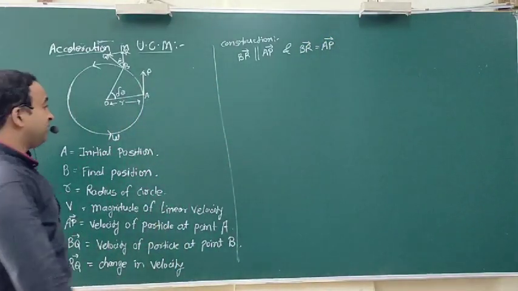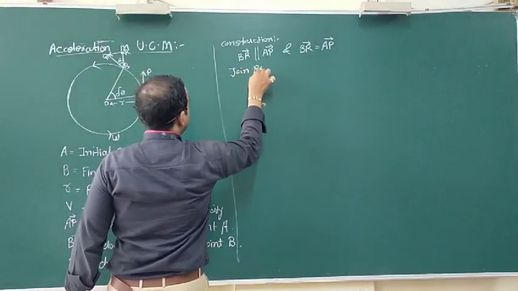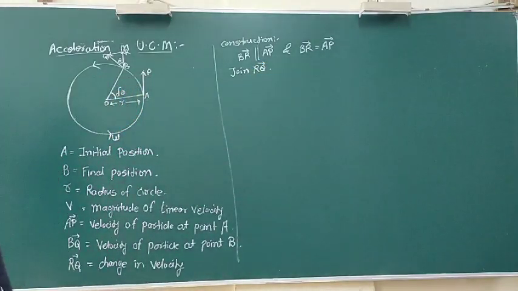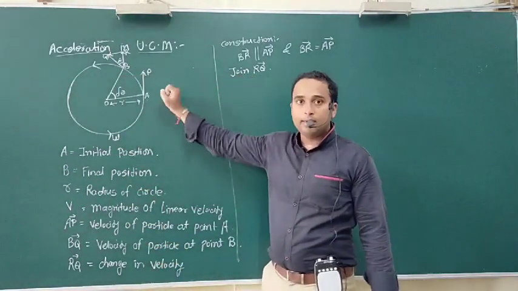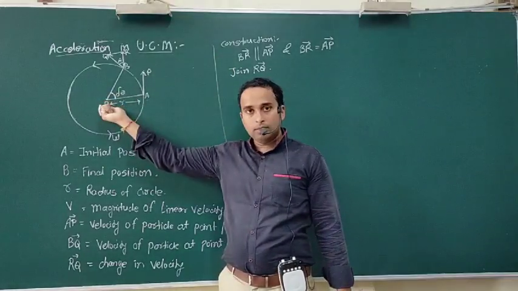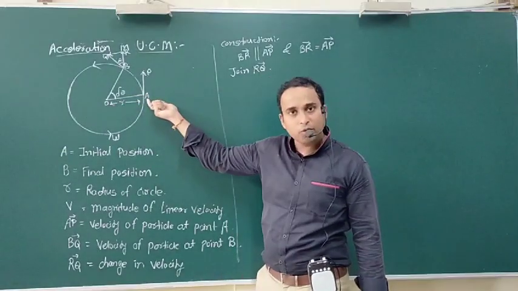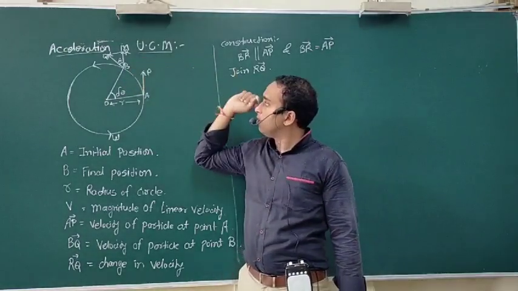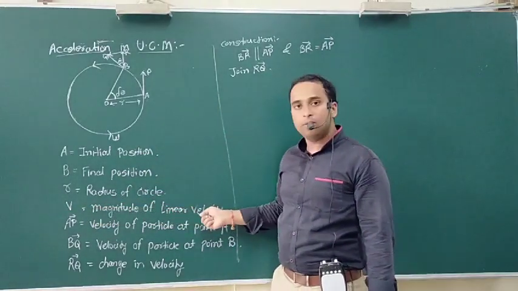Okay, and join RQ. Now see here, let us consider a particle in uniform circular motion. Let O be the origin, r be the radius of the circle, A be the initial position of the particle, B be the final position of the particle. V be the magnitude of linear velocity.